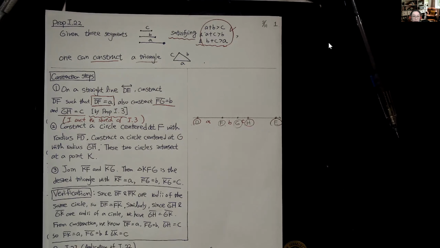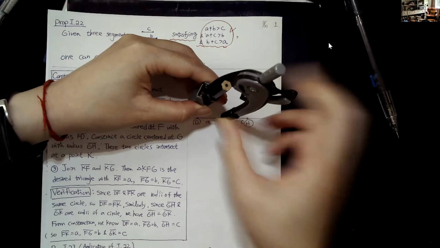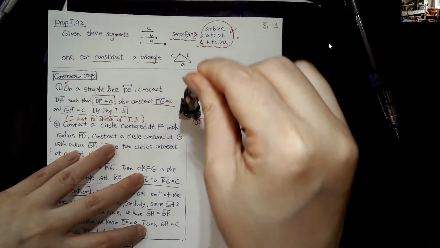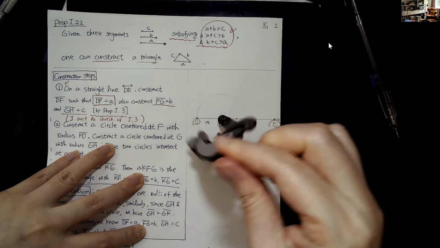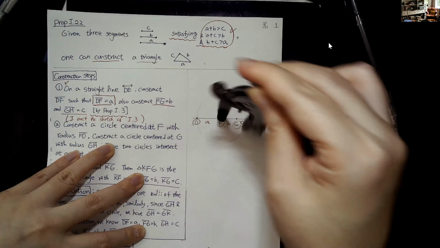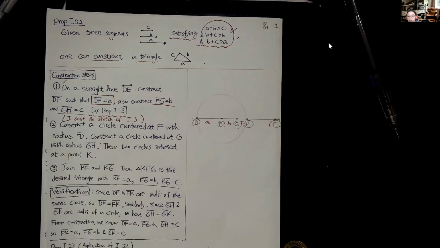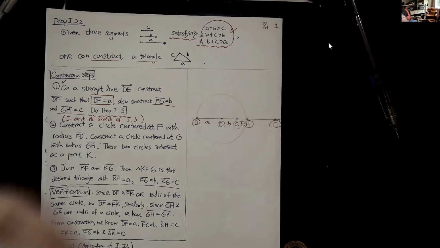First, construct a circle centered at F with radius FD. Then you construct another one centered at G, but with the smaller radius GH.